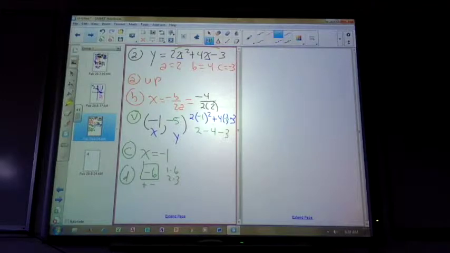We know to call it prime. This vertex is at negative 1, negative 5. So I went left 1, down 5. And the parabola opens up. And if the parabola opens up, if we're below it, it'll cross the x-axis twice. But this didn't factor to give us the roots.